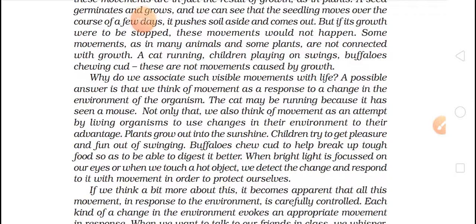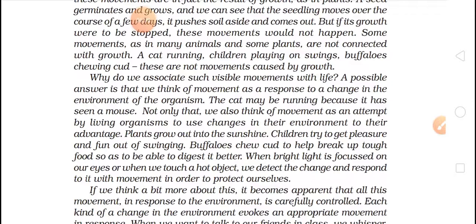So what they are explaining is that the cat must have seen a mouse, so just to catch the mouse, the cat was running. Second, the child was having fun when he was swinging. And why was the buffalo chewing? The buffalo was chewing cud because he wanted to break the food into small pieces so that digestion becomes easier.